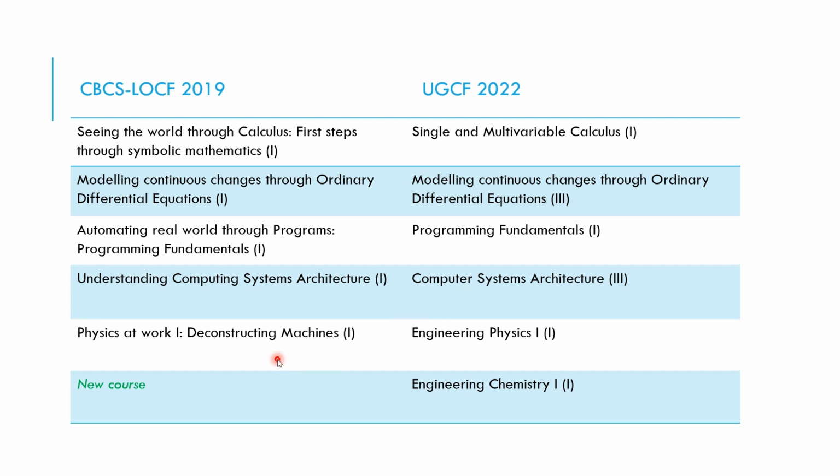Earlier we had this compulsory course, now it's an elective, generic elective. We had Physics at Work 1, Deconstructing Machines in semester 1, rebranded now as Engineering Physics 1 in semester 1. And a new course has been added alongside physics as an option, Engineering Chemistry 1.